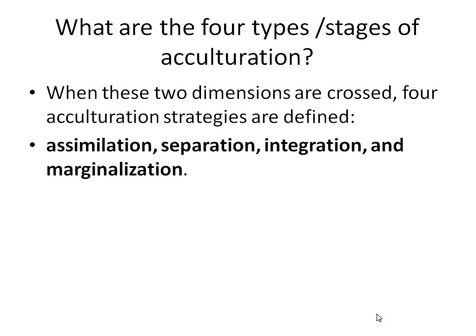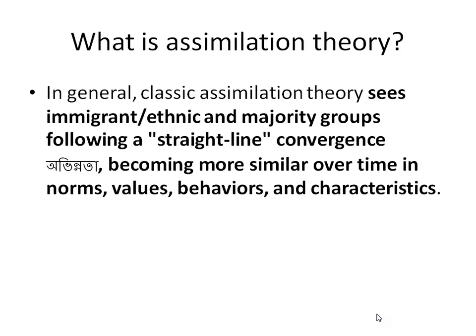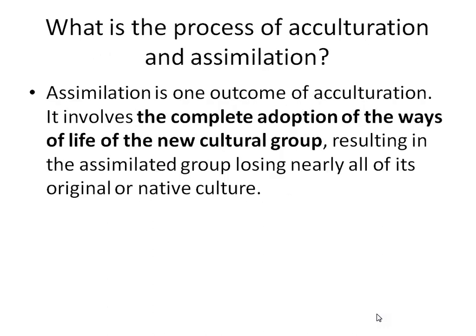What are they? They are assimilation, separation, integration, and marginalization. Assimilation is the common mixture. That means the immigrants or the ethnic majority groups follow a straight line convergence, becoming part of the migrant culture, with complete adaptation of the ways of life in a new cultural group.